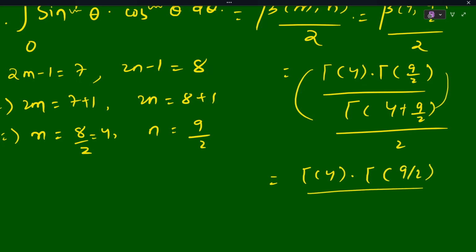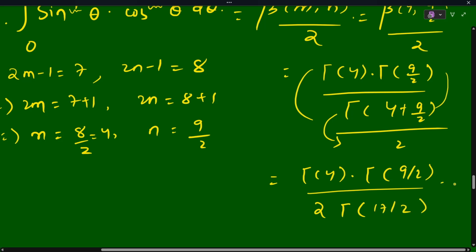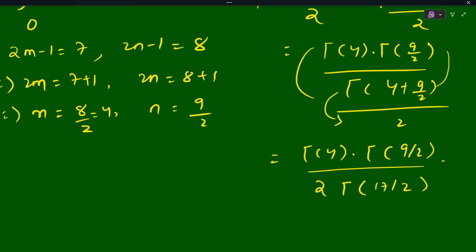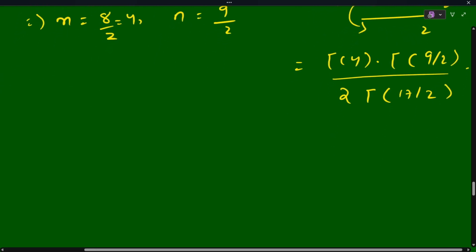Now this term will go downwards, so it will be 2 times gamma of 4 plus 9 by 2, that is 2 into 4, 8 plus 9, 17 by 2. To find this gamma 9 by 2 and gamma 17 by 2, you can refer to the video in which we have already covered how to find the gamma function of 9 by 2 and 17 by 2. Now we will see another property of this beta function.